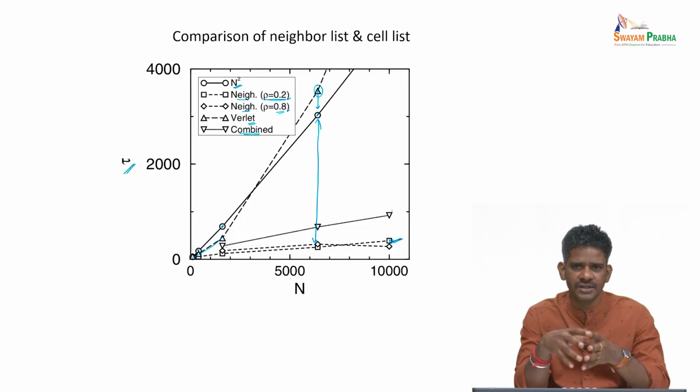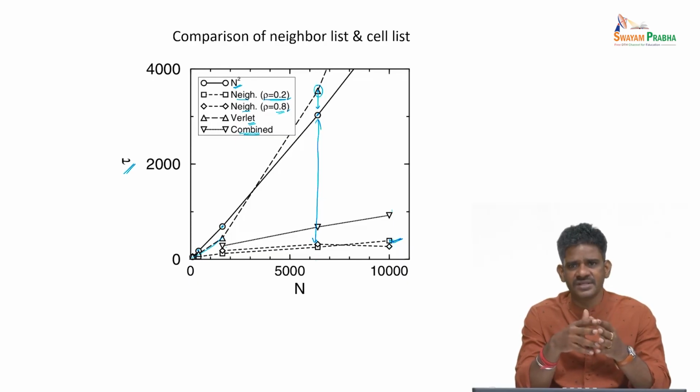The other perspective is, once we have decided what kind of cutoff to be used, we have to manage the information of the neighbors, for which we consider two algorithms. One is the Verlet algorithm, another one is the cell list algorithm. The Verlet algorithm is very simple to implement because it just stores the information of all the neighbors in a very long list. It is a very good algorithm as long as the number of particles is, let's say, below 500.